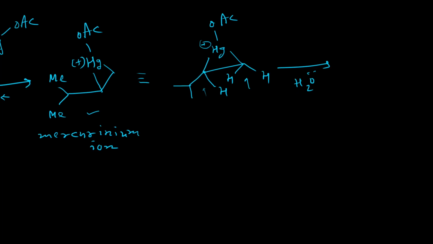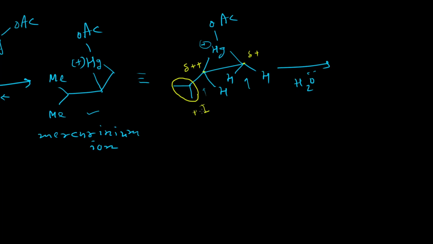So what will be the situation? This carbon will acquire more electropositive character than this carbon. Why is this so? Because here an isopropyl group is present, which can stabilize this carbocationic center or highly positively polarized carbon center via the plus I effect.